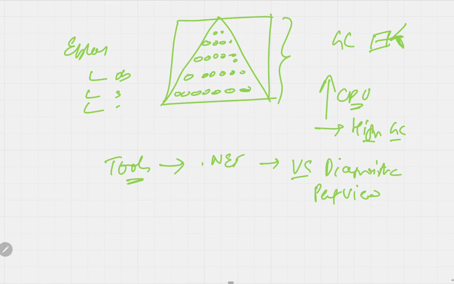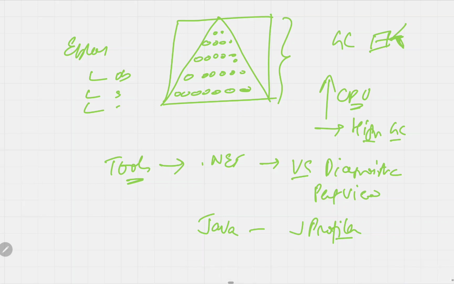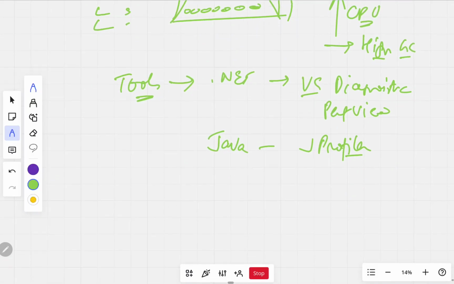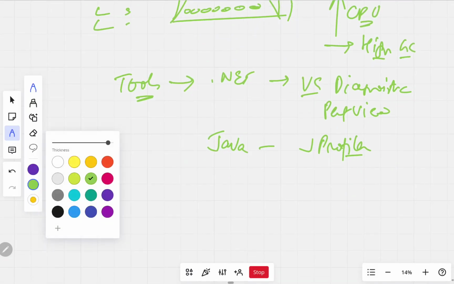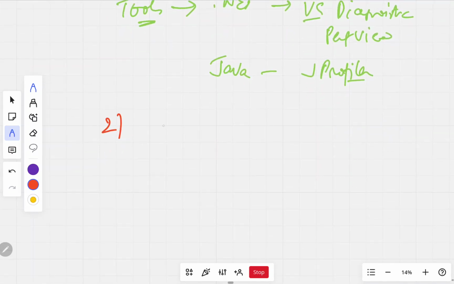All provide the same functionality, just different flavors, some plus minus. For Java, JProfiler. Fine. CPU profiling, check why the CPU is spiking or going down. The second, which is very important, is memory profiling.